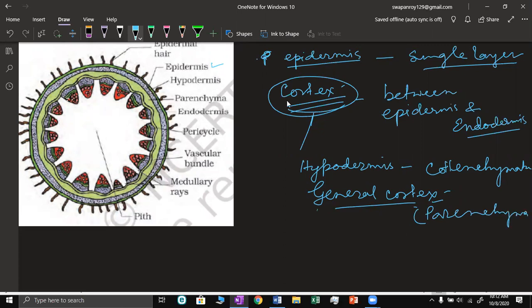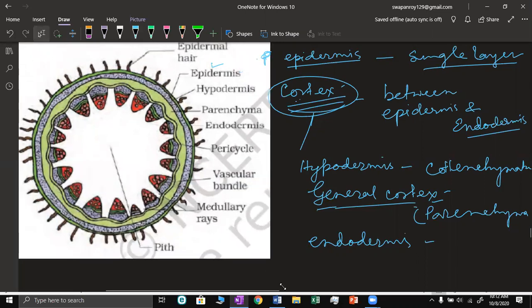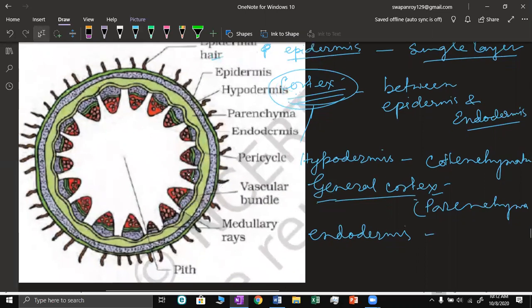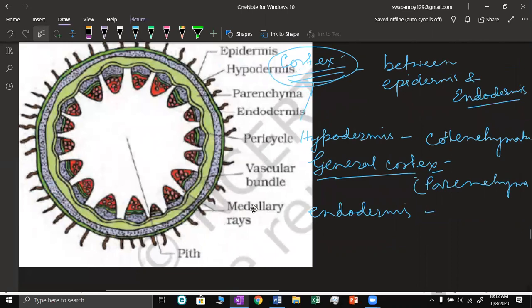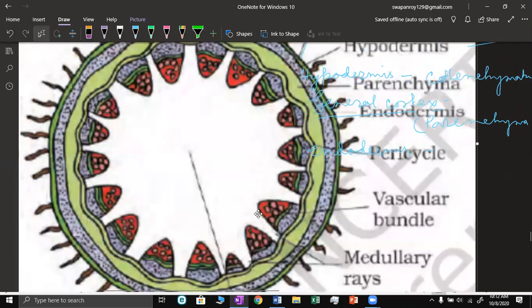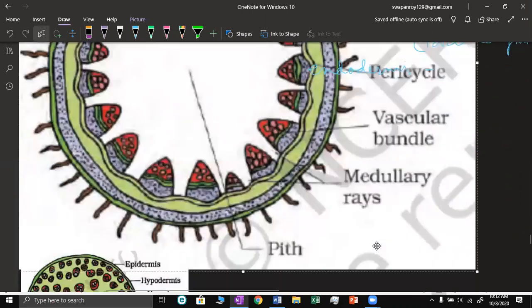Then the innermost layer of the cortex is the endodermis. Let us see this diagram, which is a little bit diagrammatic.